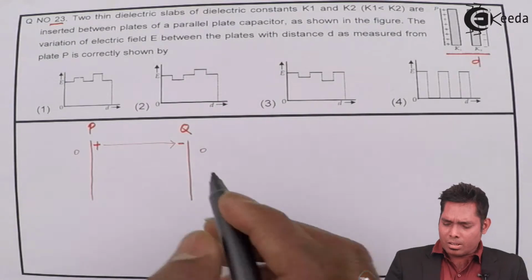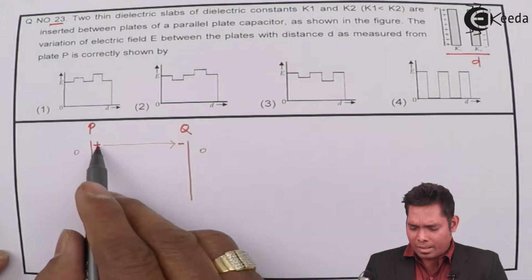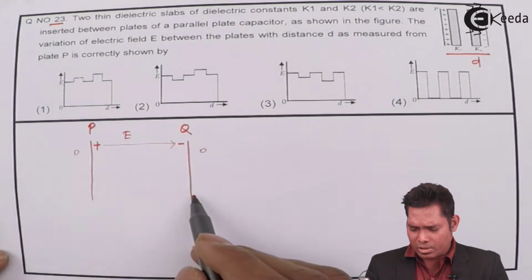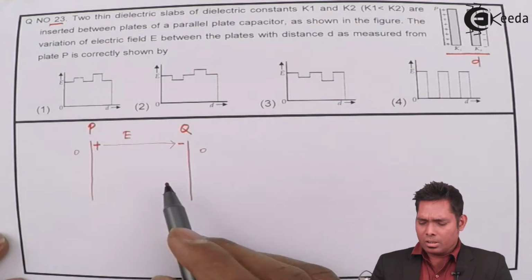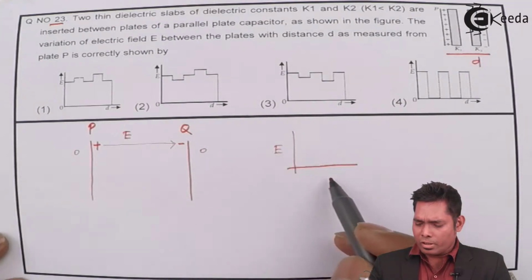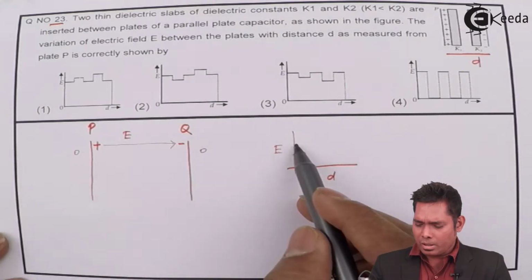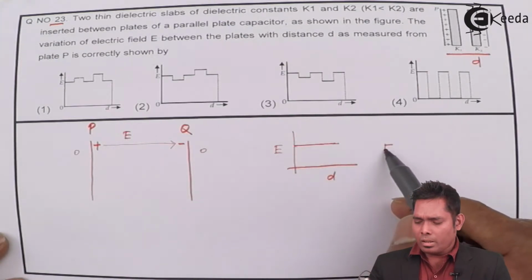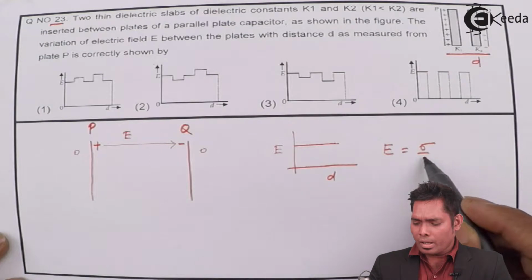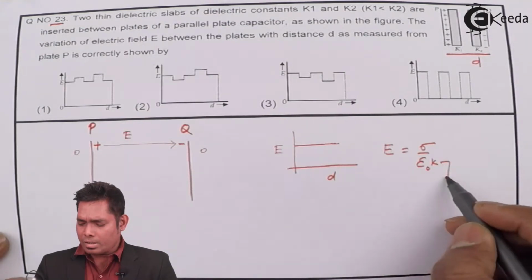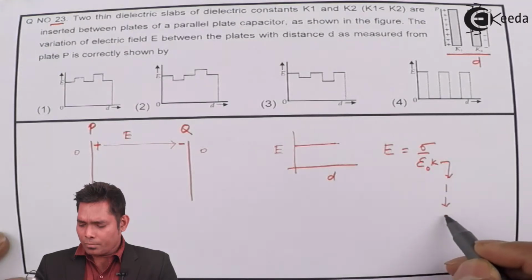So in this situation, if nothing is present, this is the electric field E, and this is the distance d. If I talk about only E and d variations for an air capacitor, it is a constant, because E equals sigma over epsilon naught K, where K is 1 for air.